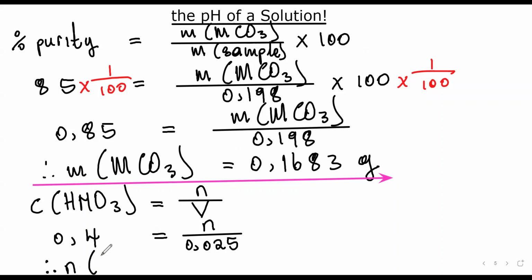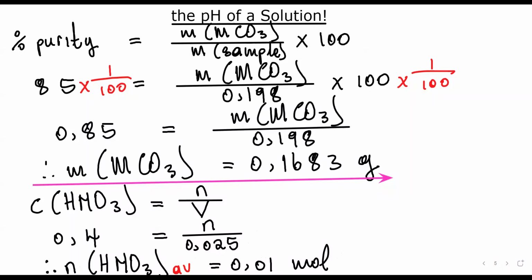And when we cross multiply, we find that the number of moles of hydrogen nitrate which were available at the start of the reaction will simply be 0.4 times 0.025, and we simply get 0.01 moles.